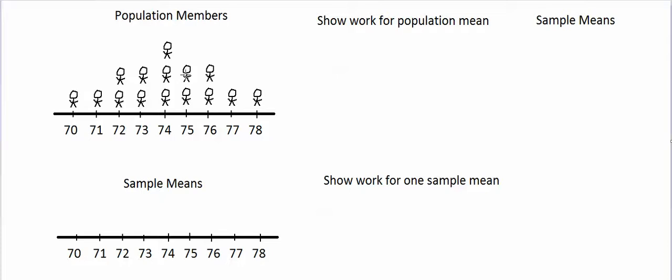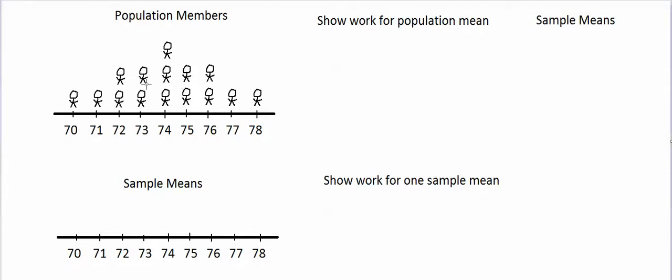So we could imagine that this is maybe 15 students who are all in a class together. It's just a small population. And this is showing the exam score of each student. This student got a 70 on the exam. This student got a 71. These two students got a 72, and so on.